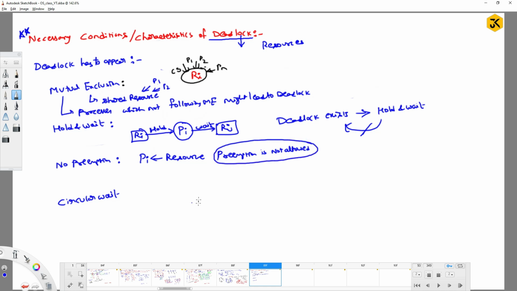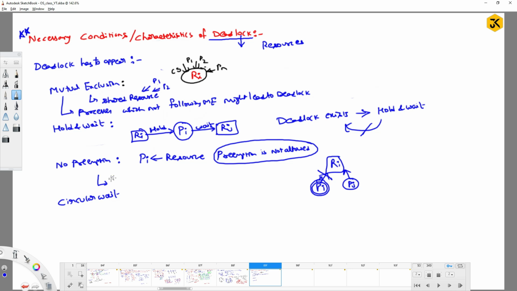If preemption is allowed, what will happen? For example, if a resource is used by process Pi, and in the middle of the execution some other process Pj came and you stopped process Pi and gave the chance to Pj, then process Pi is waiting for Ri, but it has been allocated to Pj, so that might lead to a kind of deadlock. So what will be the solution for this one?